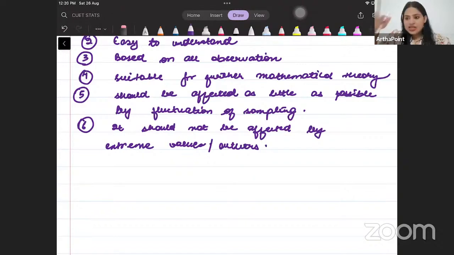So जो भी हमारी extreme values होती है, हमारे outliers होते हैं. Outlier मतलब जो data से बहुत अलग दिखते हैं. Like in one of the classes I told you the dot method. और जब हम वो dot method बना रहे थे, तो I showed you that there can be some values to the extreme, है ना? तो उन outliers से हमारी central tendency affect नहीं होनी चाहिए. That's also another property that we have.